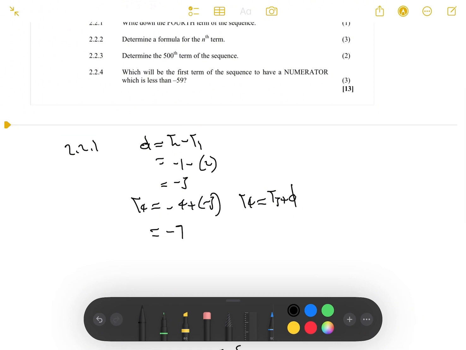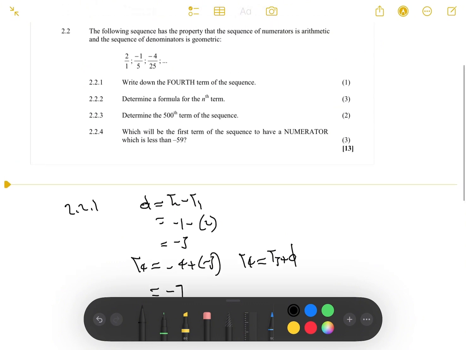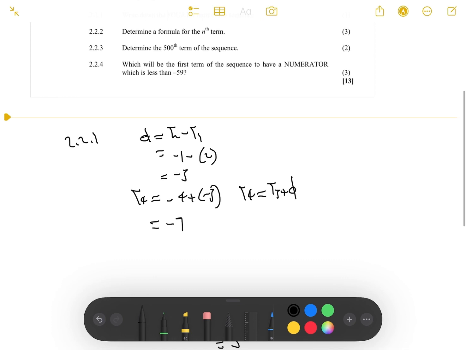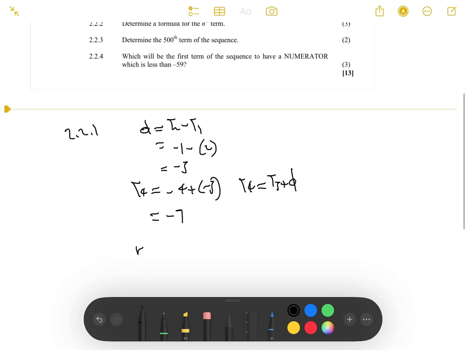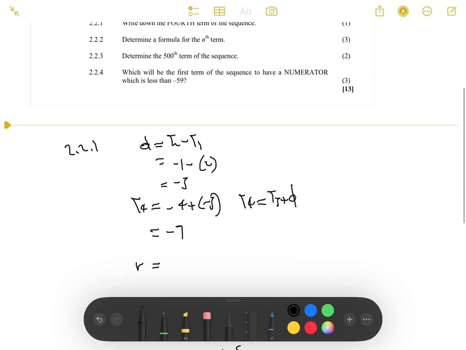And then let's now look at our geometric one. Our geometric series we have T2 over T1, which will be equal to 5 over 1, which is 5.